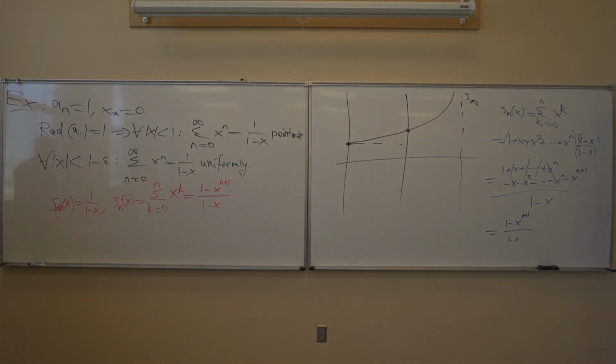Certainly it is not defined, but at the very least I can think of the limit. Right? What is the limit of this as x goes to 1? I cannot plug it in, of course, because it's not defined there. But at the very least, I can look at the limit.